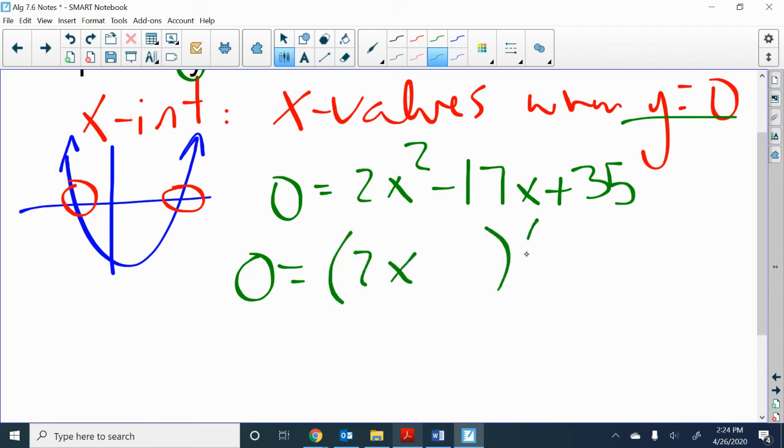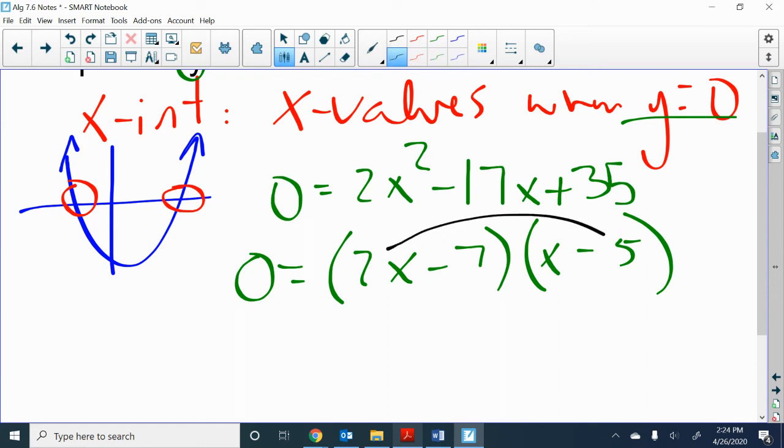Leading coefficient is 2, so I have a 2x and an x. And 35, how many ways are there to break that up? 7 and 5. So let's try a 7 and 5. And I know they both have to be minus because I have a positive 35 and a negative linear coefficient. So let's check it. My outer minus 10x, my inner minus 7x. Okay, that's perfect. That works.